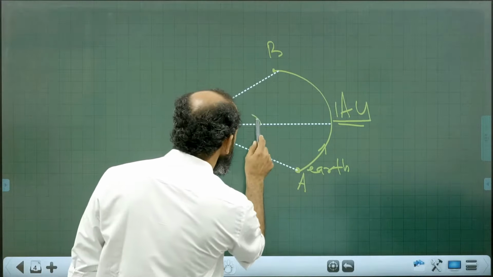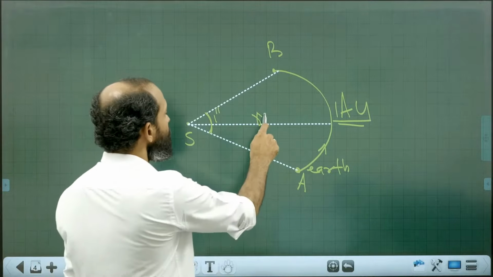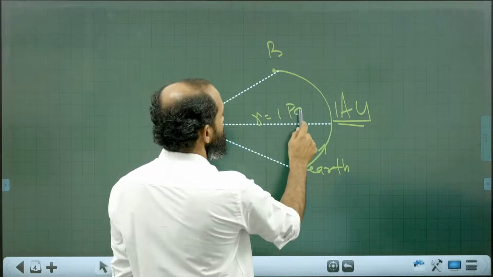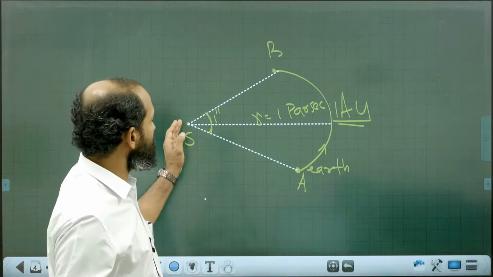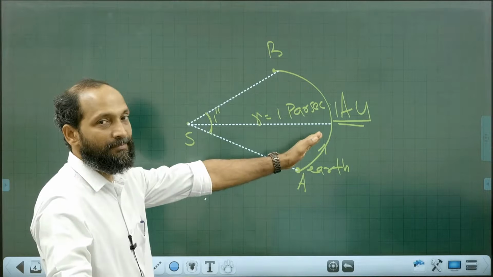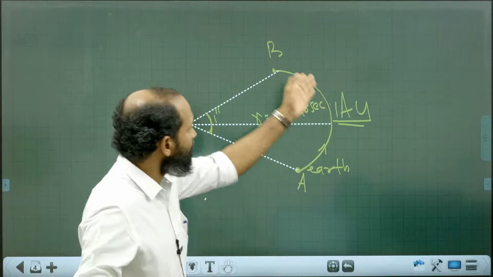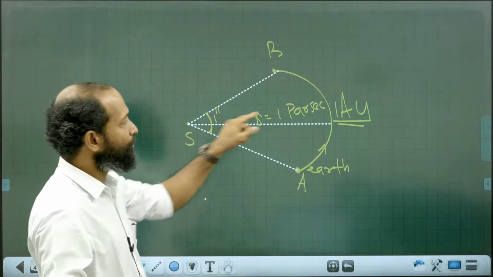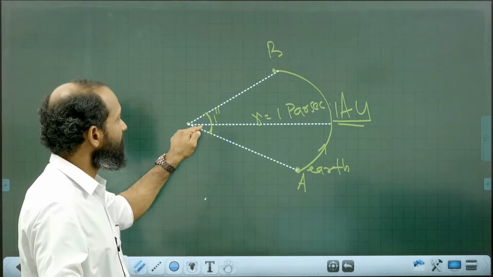Then this distance is small r, and small r is equal to 1 parsec. So what is 1 parsec? 1 parsec is the distance between sun and Earth when Earth revolves around the fixed sun through a distance of 1 astronomical unit, subtending an angle of 1 second.